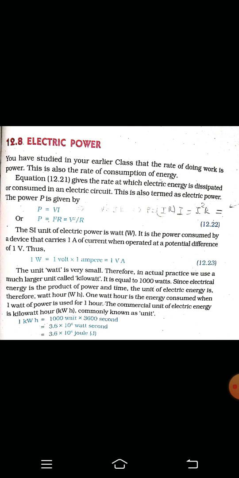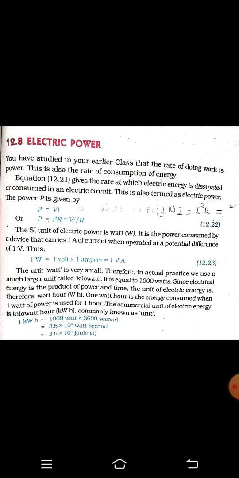Now we got P is equal to I square R. See, it is written in the textbook P is equal to I square R. This much we got. Now, from Ohm's law, we know the value of I. We can write it as V divided by R. Am I correct? Ohm's law is V is equal to IR. So I can be written as V divided by R. So that value of I we will keep in I square R. Now I is V divided by R. So what will be I square?